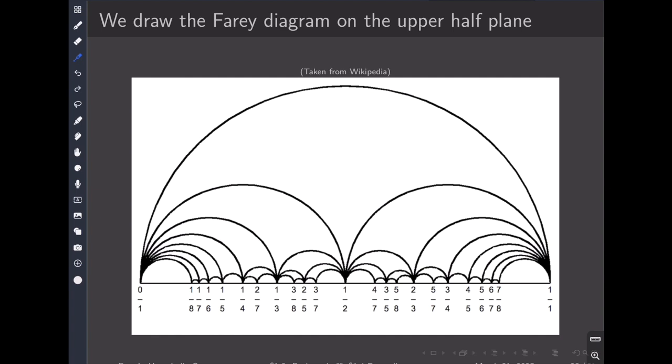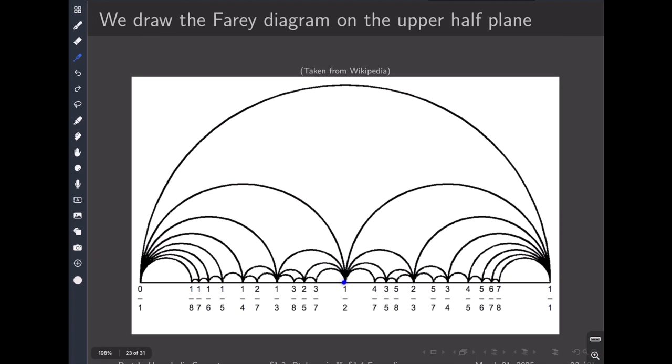So we draw the edges of the Farey diagram as actual geodesics connecting the two endpoints. So for instance, here you have 0 and 1/2, and then this is the naive sum, which is obviously 1/3.